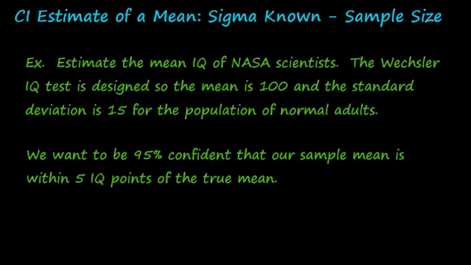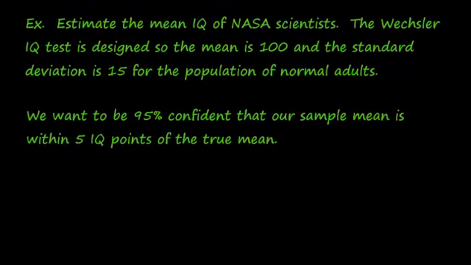Determining the sample size of a simple random sample is a very important issue because samples that are needlessly large waste time and money, and samples that are too small may lead to poor results. So if we use the expression for margin of error, let's recall what that is.